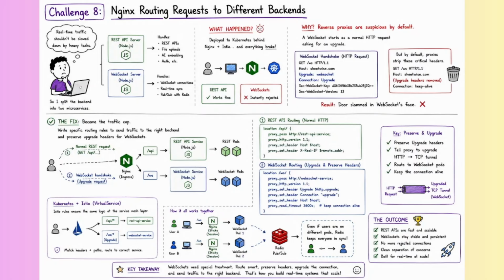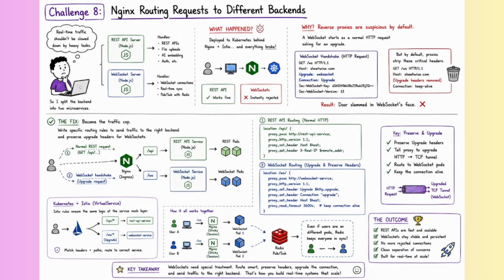It does this using specific HTTP headers called Connection: upgrade and Upgrade: websocket. But by default, standard reverse proxies strip these headers out. They treat it like a normal temporary HTTP request, effectively slamming the door in the WebSocket's face.